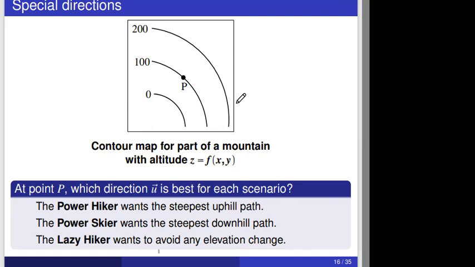If you have a lazy hiker, let's say he doesn't want to climb any mountain, and he is located at this point, he has to take this path because he is very lazy. He doesn't like to climb any hill.